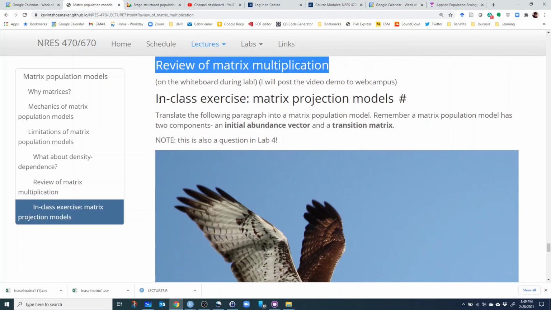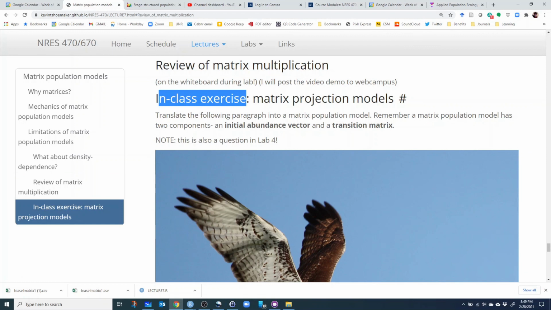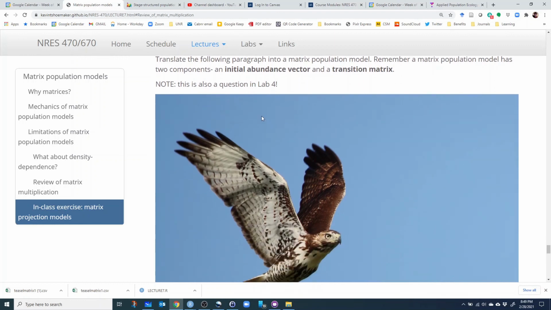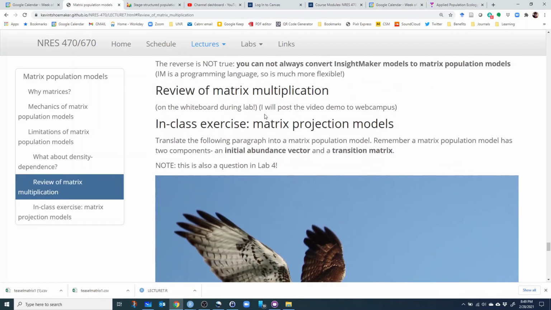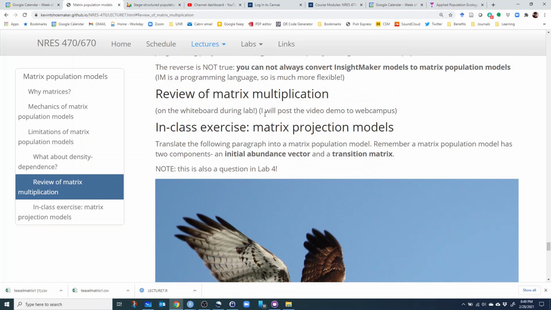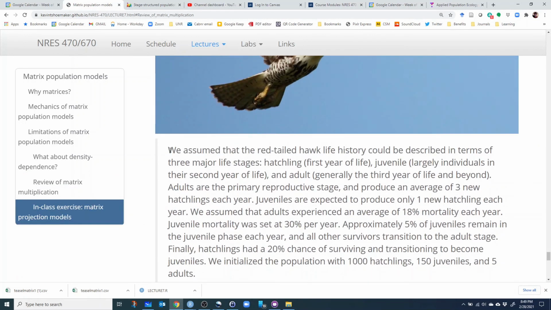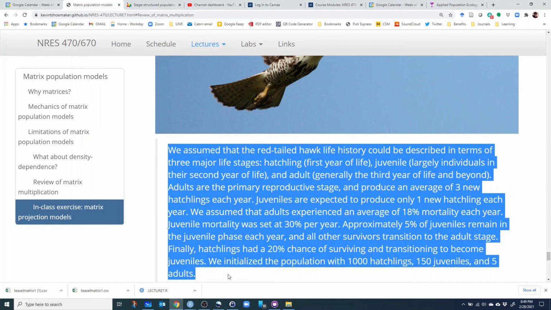So I'll end the video just by describing the Top Hat activity that we will be doing in class this week and that you're asked to answer in our Top Hat lecture page. And that involves not translating an InsightMaker model into a matrix, but translating a verbal description of a population into a matrix.